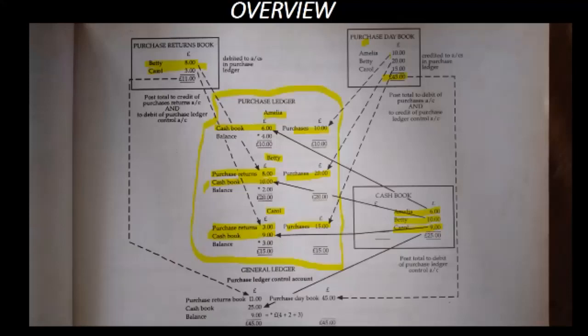This time it comes on the credit side because we are owing that amount, and the total 11 comes on the credit side. This is the returns, and the cash book 25.